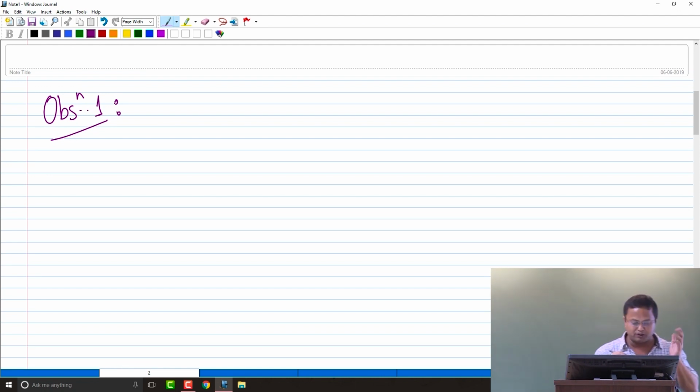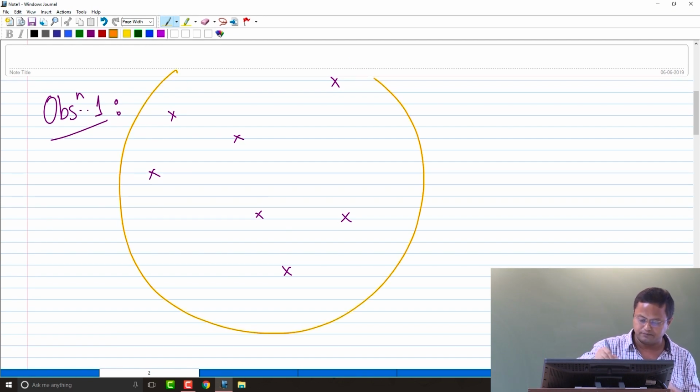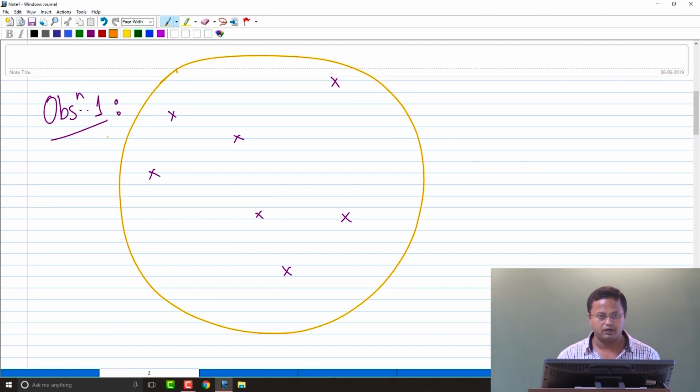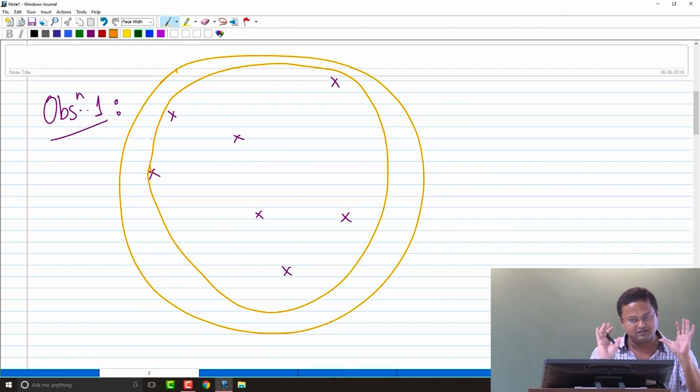The first observation, as you said, is that this cannot be the scenario, right. At least this has to be the scenario. So, if I draw any roundish kind of object, assume that it is a circle.